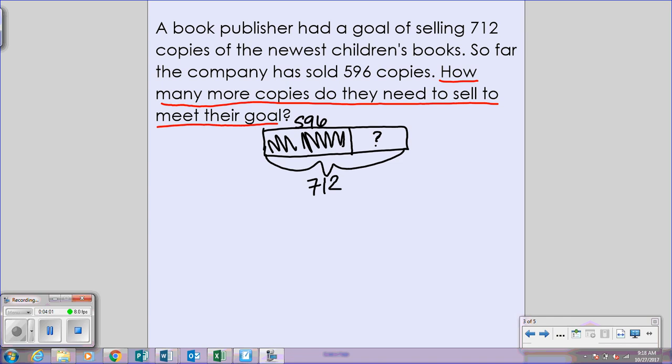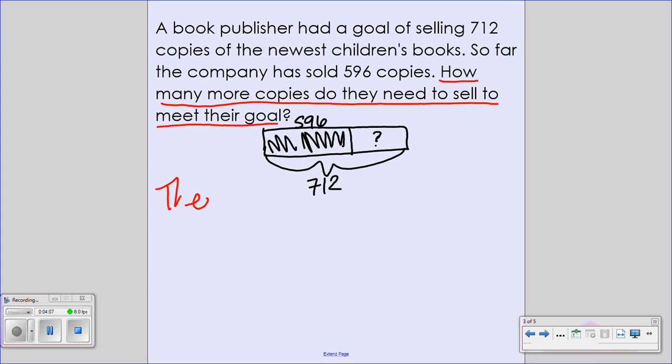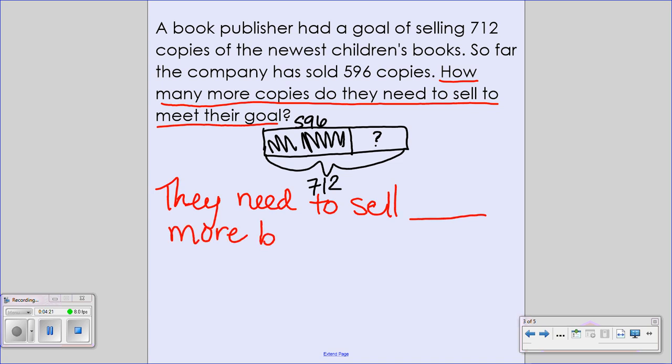Gabriella, what did you come up with? They need to sell blank more books. I like it. They need to sell blank, and then here's our unit, more books. You could say more books to reach their goal.